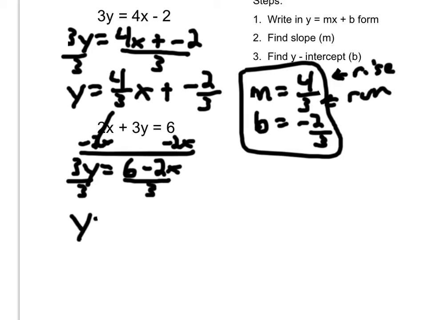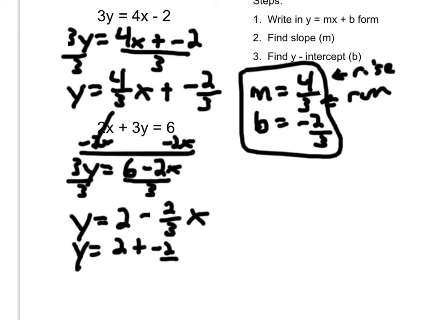And I get y equals 6 divided by 3 is 2, minus 2 divided by 3 is 2/3 x. Okay? Still not in y equals mx plus b form. I have to change subtraction to addition. So now we've got y equals 2 plus negative 2/3 x.